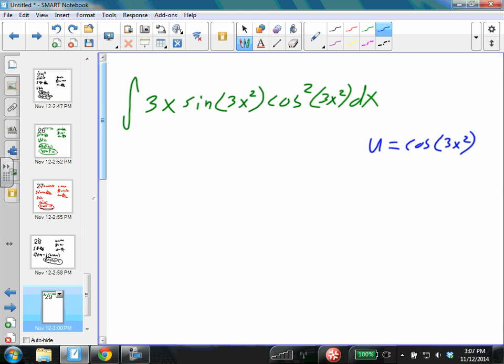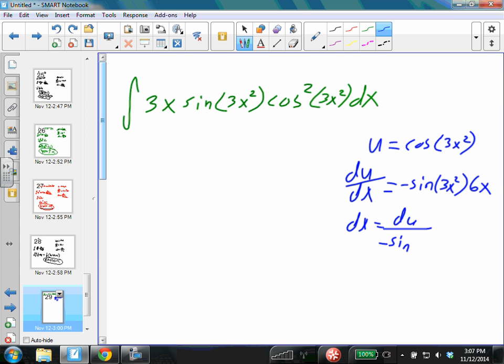And we also want to see its derivative there. Well, what is the derivative of cosine 3x squared? Negative sine of 3x squared times 6x. That's exactly right. And so now dx is equal to du over negative sine of 3x squared times 6x.